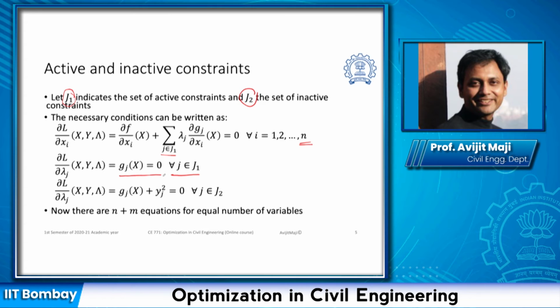In the same set of necessary conditions, if we look at the inactive constraints, then gj needs to be added with the slack variable, and then it is going to be 0. So this is going to be the active constraints and these are going to be the inactive constraints. So together these are the total number of constraints.